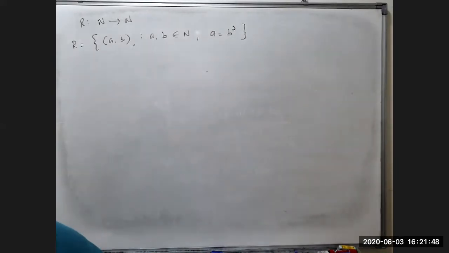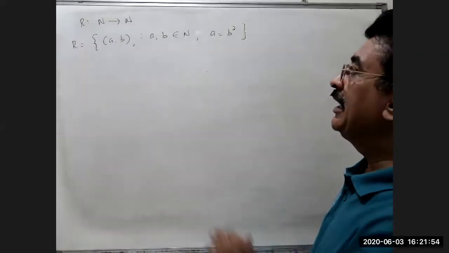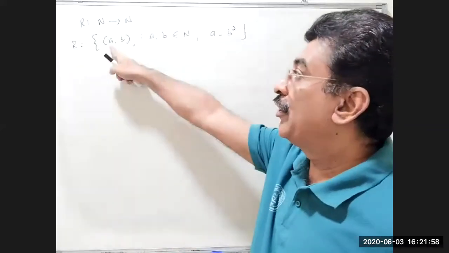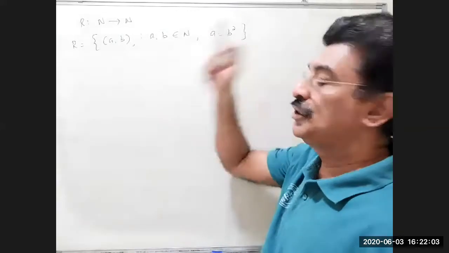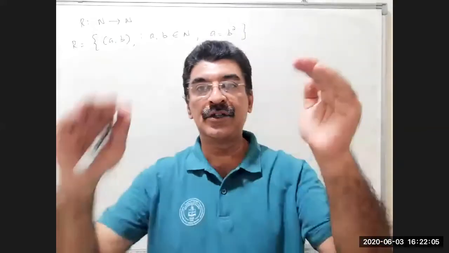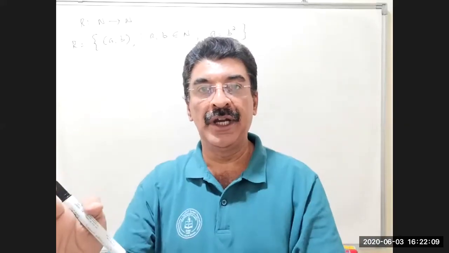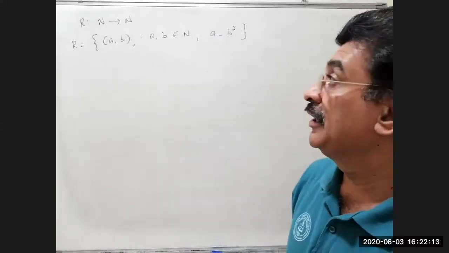Again, in the case of natural numbers, this means the set of all ordered pairs where the first number is the square of the second number.